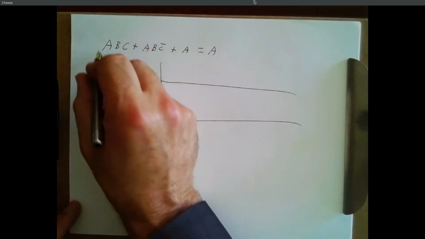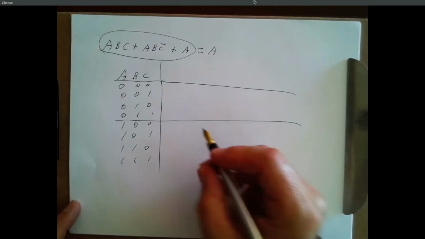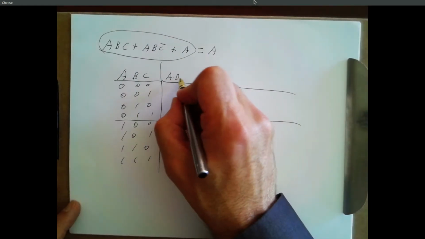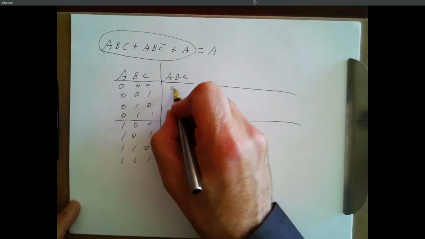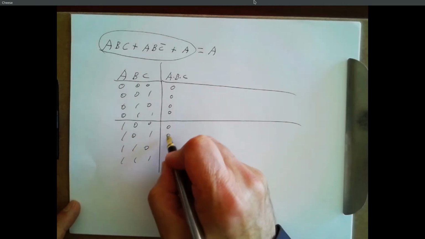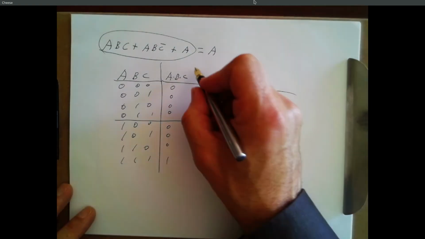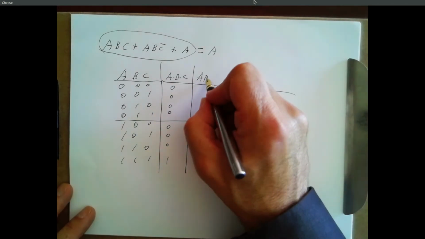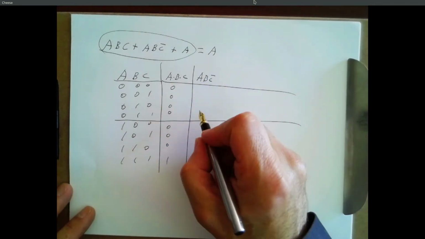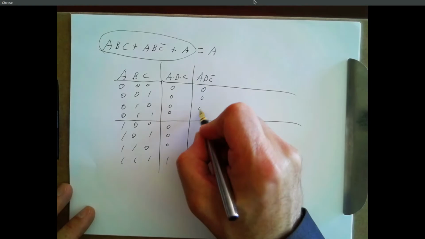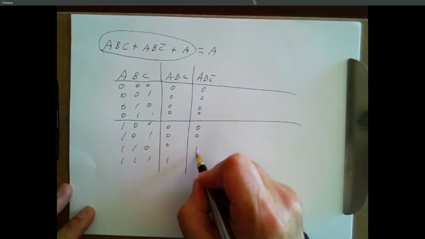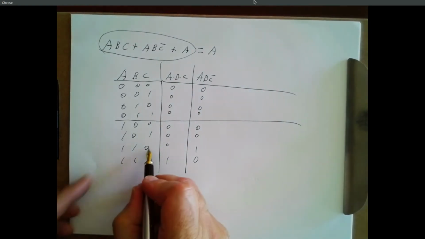And then you want to find the value of this expression, so let's find the value of each term. The AND of ABC is going to be 0 everywhere except the end. The AND of ABC bar is going to be 0 everywhere except the row right before the end. A, B, and C is a 0.